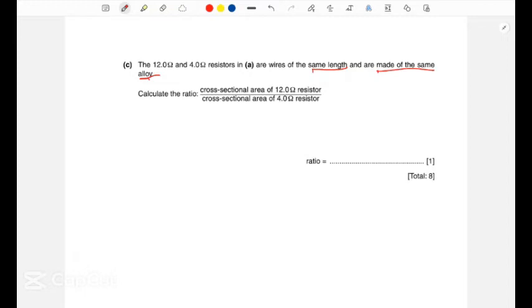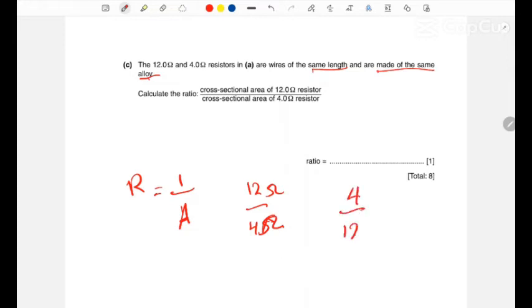Since we know that resistance is proportional to 1 over the area, what we can do is flip the two values. Over here it's the 12 ohm over the 4 ohm one, so we can flip them and it would become 4 over 12.